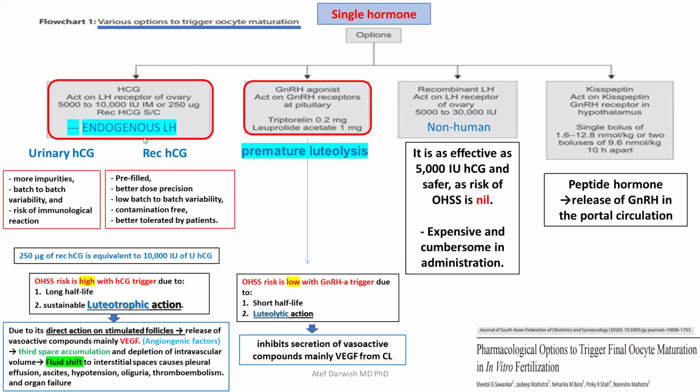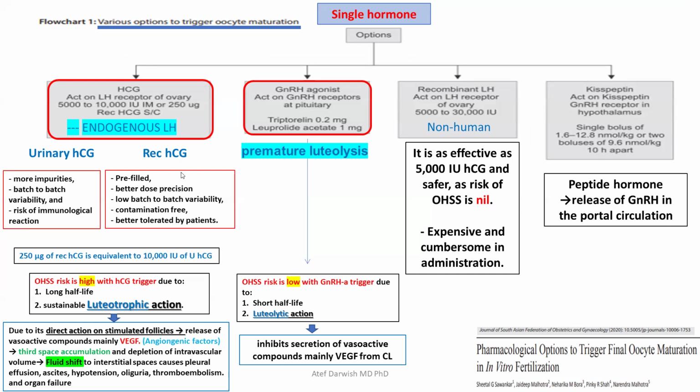And we have two types of HCG: urinary HCG, 5,000, but in IVF we usually give 10,000 international units, or recombinant, which is 250 microgram or 0.25 milligram, equivalent to the 10,000 international units of the urinary.